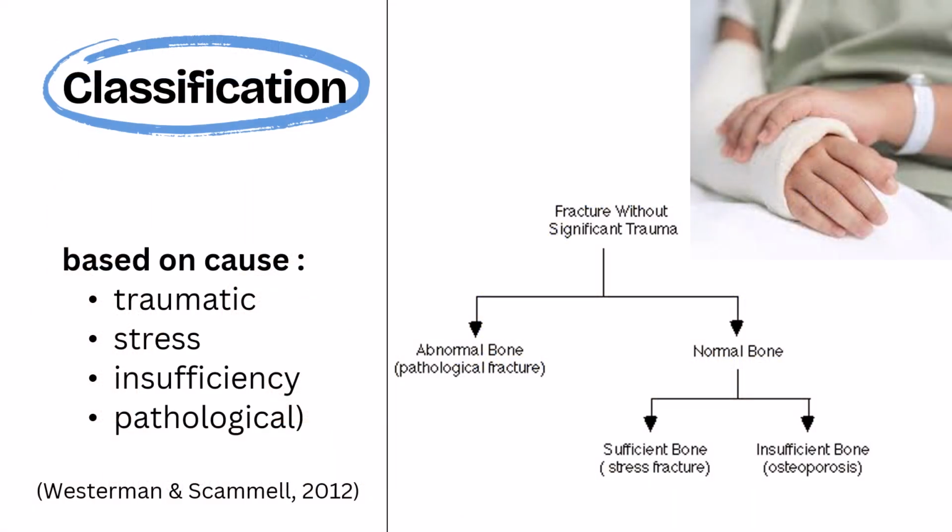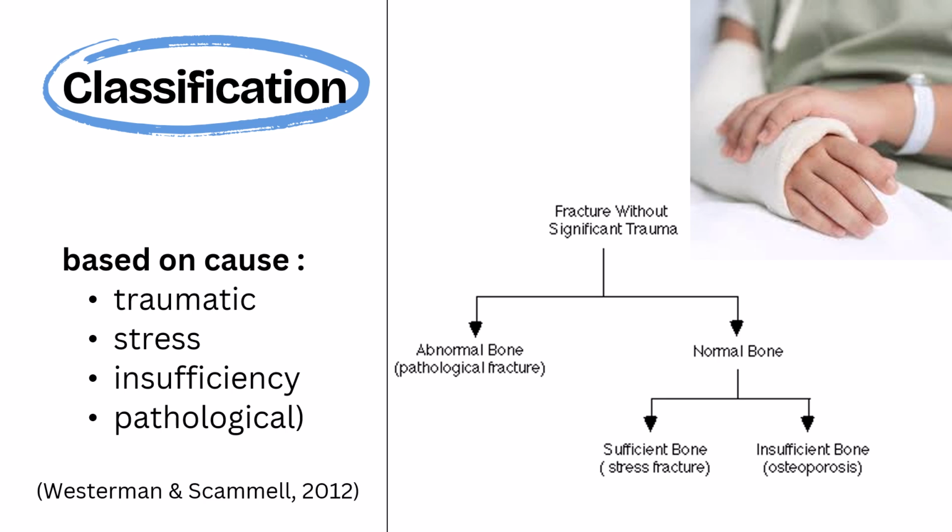This slide will explain about classification of fracture. First, based on the cause: 1. Traumatic, 2. Stress, insufficiency, and pathological.